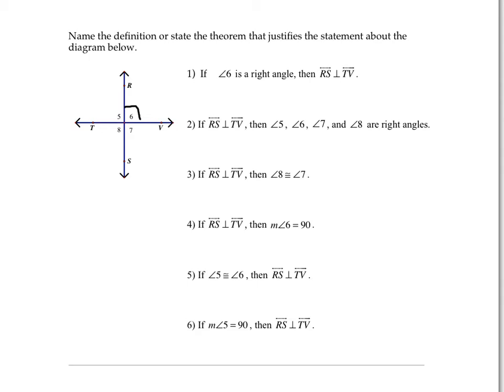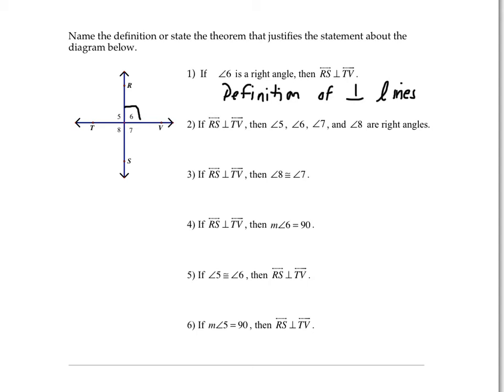And that is just the definition of perpendicular lines. Remember, we can use that definition two ways. Either to say if we know the lines are perpendicular, then we can make the conclusion that we have right angles. And in this case, we know that we have a right angle. Our conclusion is that our lines are perpendicular.